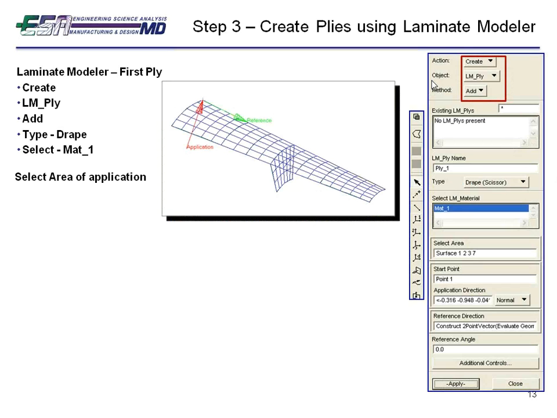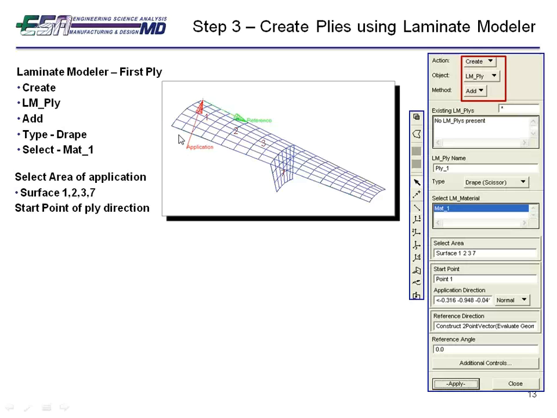And the next step is to define the area of application. So here, we're going to define it on surface 1, 2, 3, and 7. And it's going to be applied on the underside of the sample fairing.